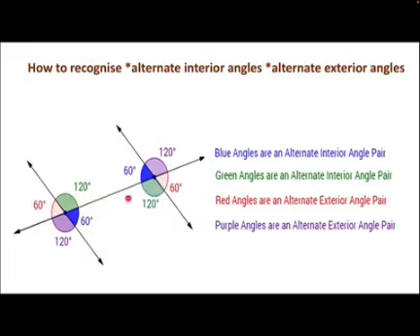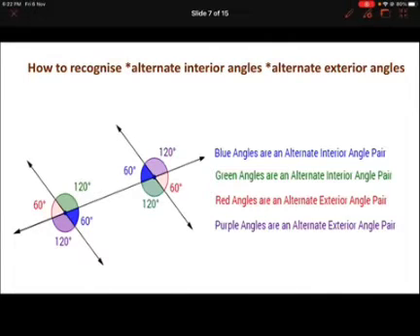So each one is 120 degrees. Fine. Then what about red? Here we have two more pairs actually. This forms alternate exterior angles, again equal in measure. One more pair of alternate exterior angles, again equal in measure.